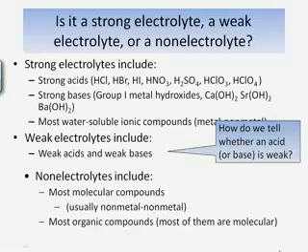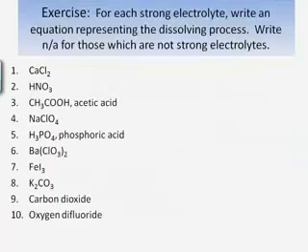And then non-electrolytes, these are our molecular compounds that we've categorized as typically involving nonmetal to nonmetal bonding. And then most of our organic compounds are molecular. Exceptions are going to be some of our organic acids and organic bases that are going to be weak electrolytes.